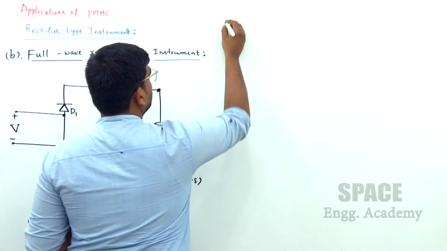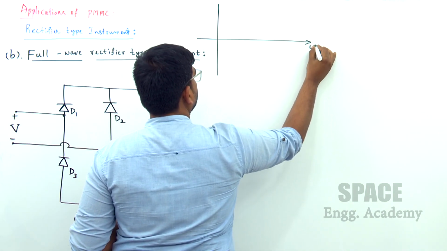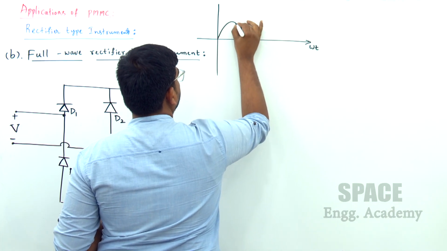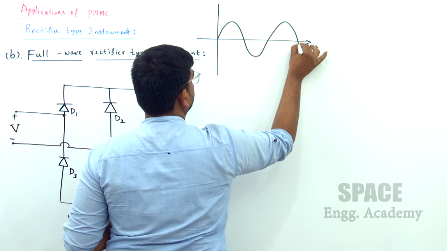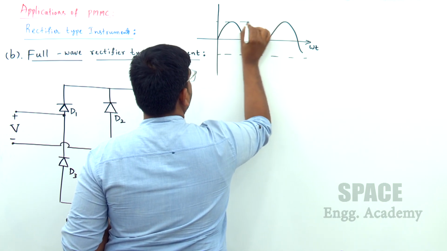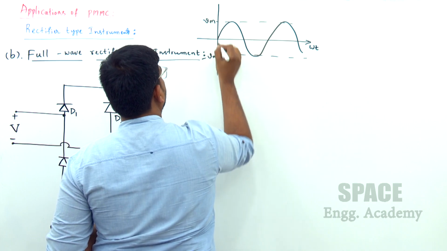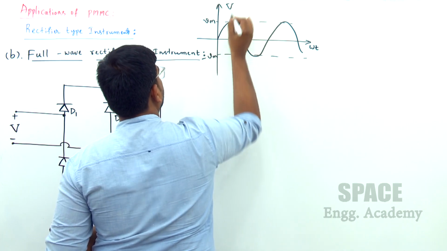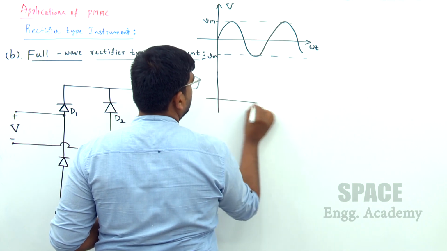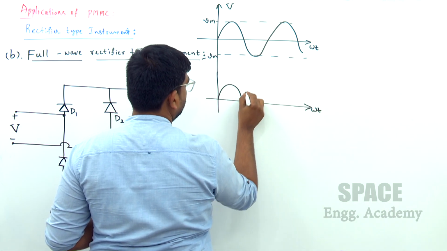If you look at the excitation here, like this, Vm, minus Vm, this is our supply voltage. But the outcome of a full wave rectifier is in this manner.